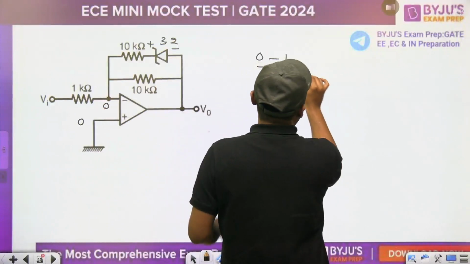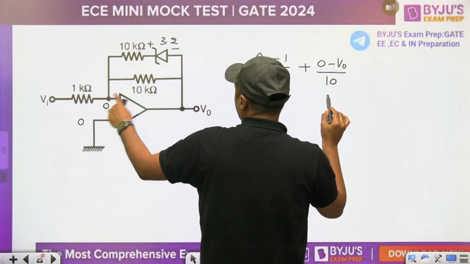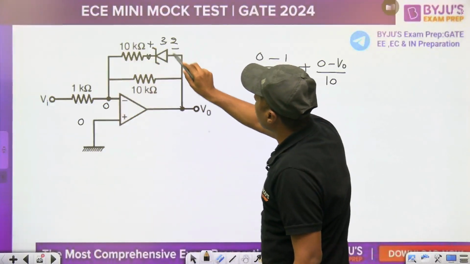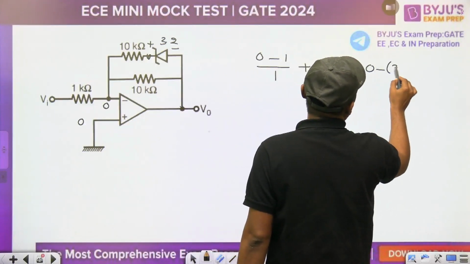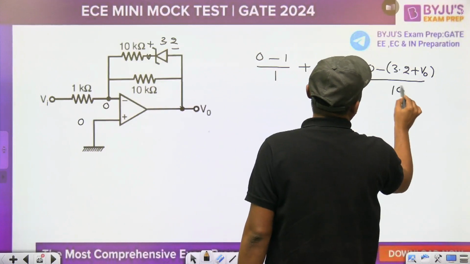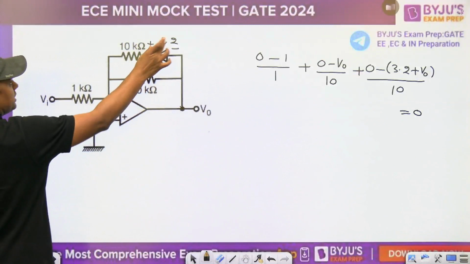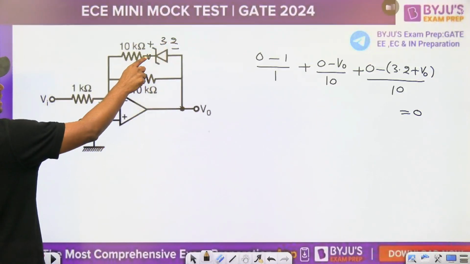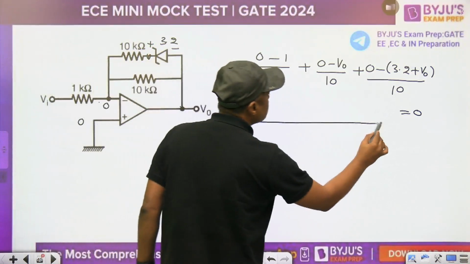0 minus V0 upon 10. And what is the voltage at this point? 3.2 plus V0. You can write 0 minus 1 upon 1 minus (3.2 plus V0) upon 10 is equal to 0. Always remember, at this point the voltage is 3.2 plus V0. Now you can take 10 as the LCM.